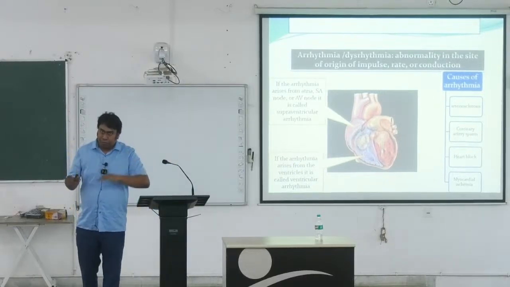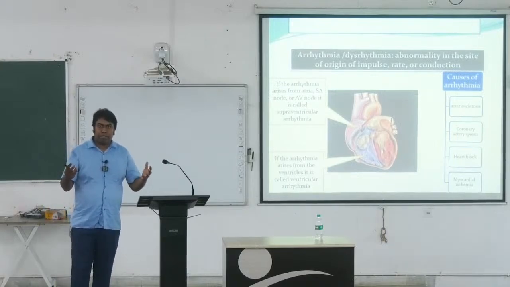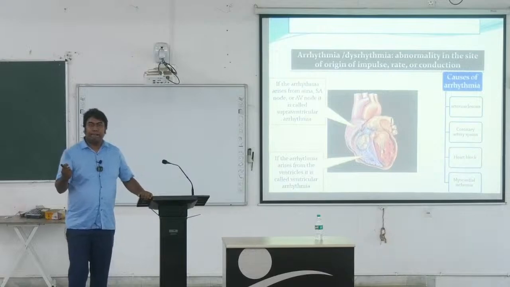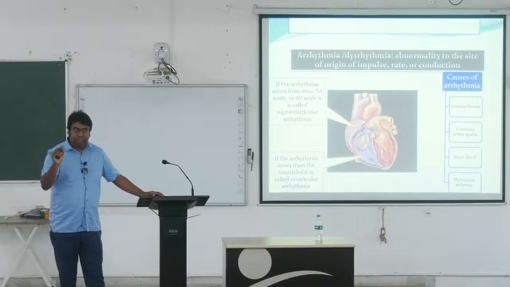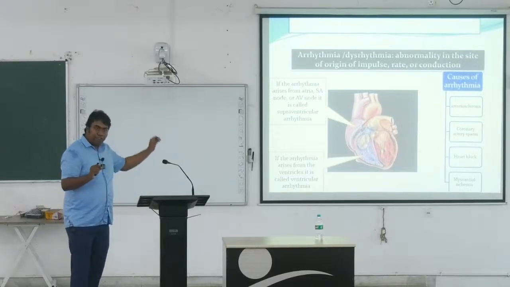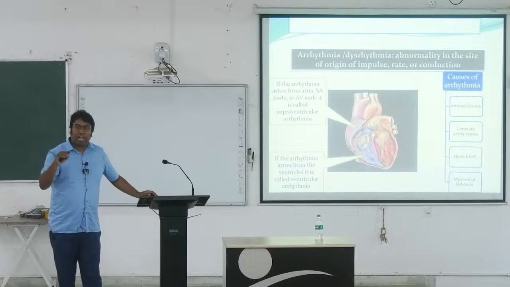Supraventricular and ventricular, which one is more dangerous to life? Ventricular is more dangerous. Why? Supraventricular arrhythmias have to go through the AV node, and the AV node can reduce the number of impulses conducted into the ventricle.